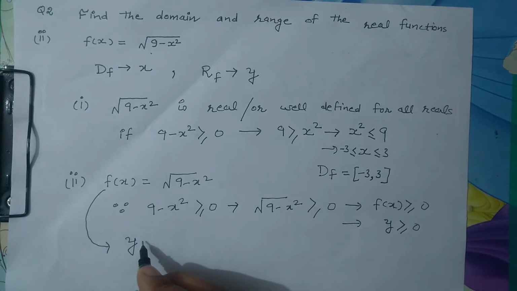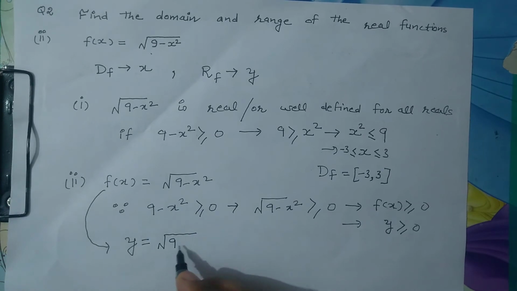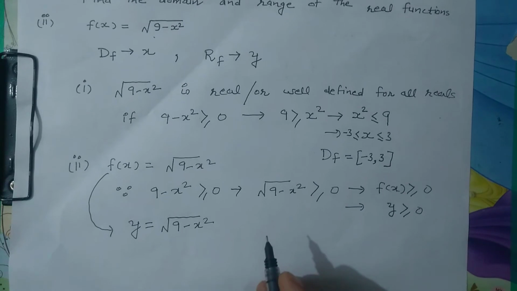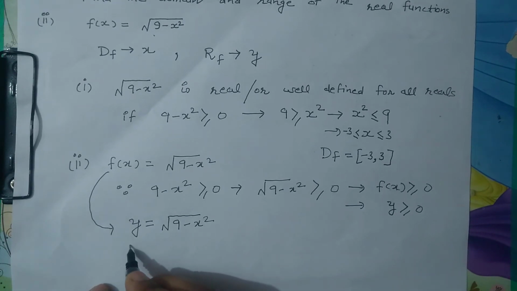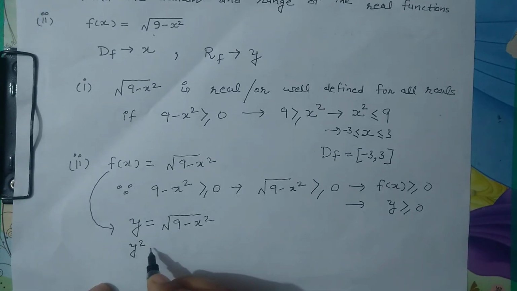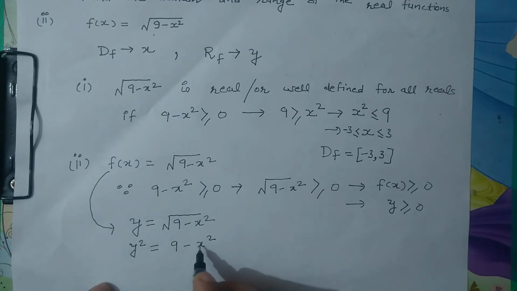So we say y is equal to square root of 9 minus x square. Okay. Now squaring both sides, we have y square is equal to 9 minus x square. Again, what we can do now, taking x square to the left side and y square to the right side, x square is 9 minus y square.